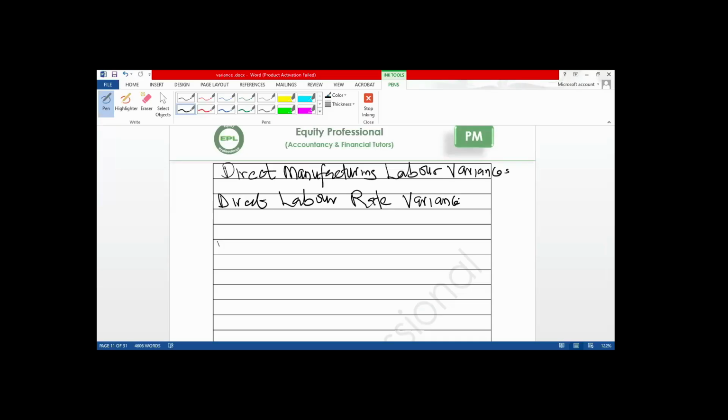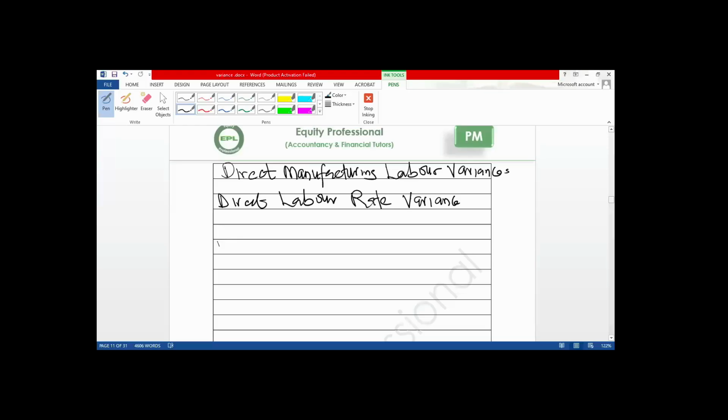To calculate this, standard labor rate minus actual labor rate multiplied by actual labor hours worked.